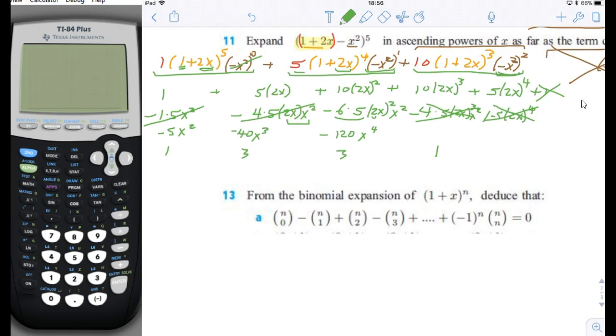So let's take a look at just the first term and see what it looks like. So we're going to expand (1 plus 2x) cubed. The a value is 1, so it doesn't really do anything. The b value is 2x, so the first term is going to be 2x to the 0, so there's nothing there. We're just going to multiply it times 10, and we're going to multiply it times x to the 4th, because each term is multiplied 10 times 10 and x to the 4th.